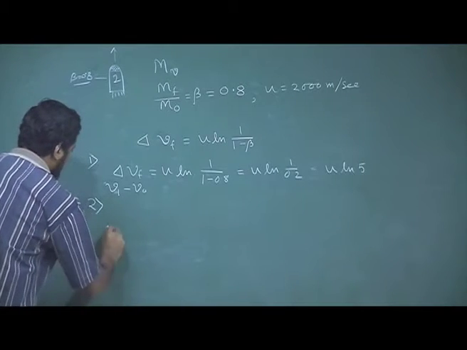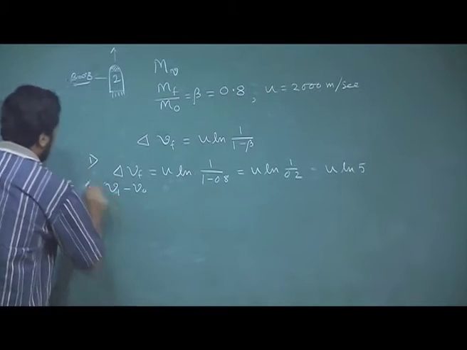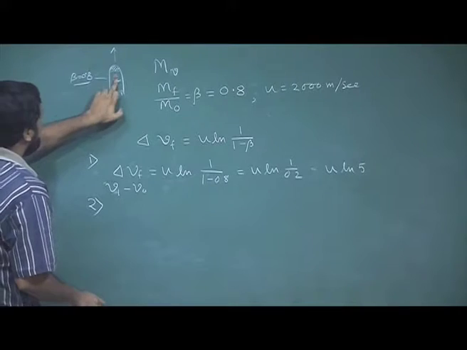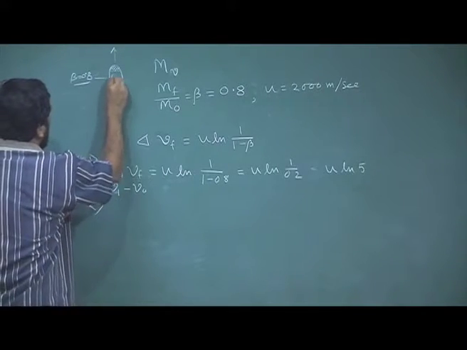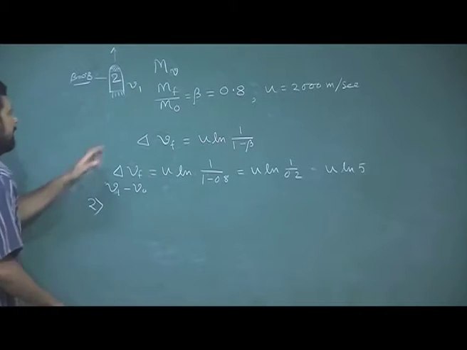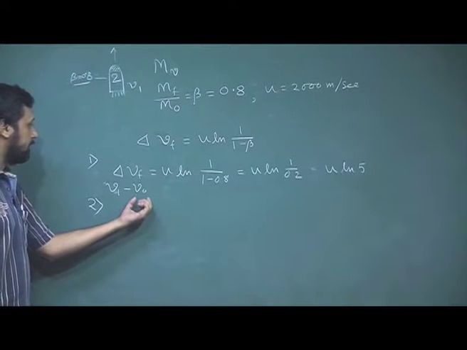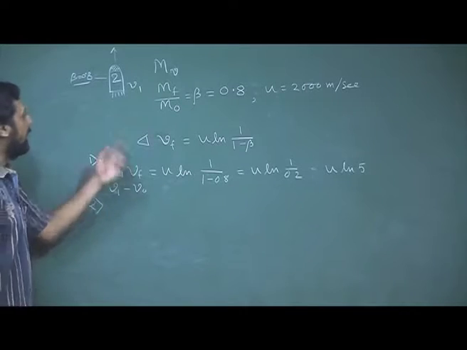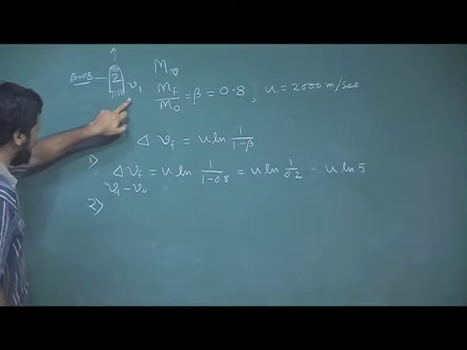Now please remember that it enters stage 2 with an initial velocity of v1. For stage 1, we are assuming that the initial velocity was v0, and now it is entering stage 2 with a velocity v1.